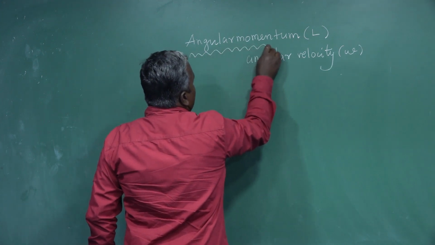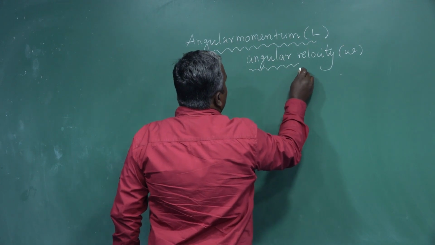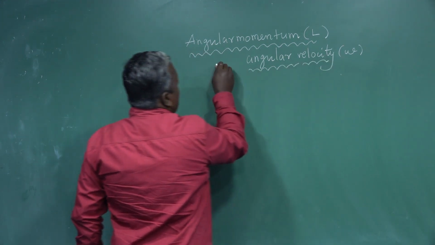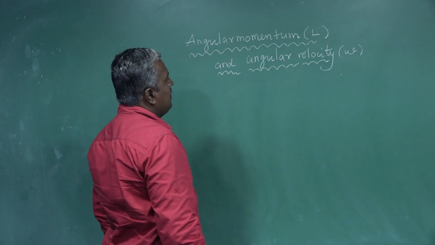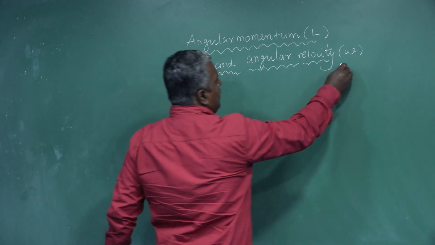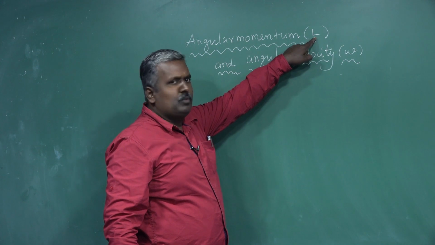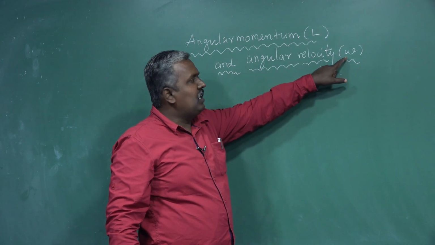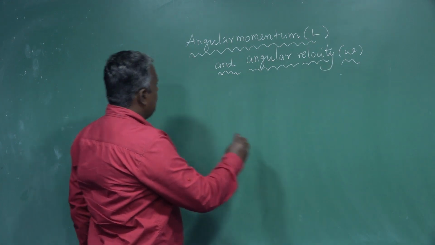Angular momentum and angular velocity, or the relation between angular momentum and angular velocity, both are the same meaning, no problem. Listen properly. Keep in mind, L means angular momentum, omega means angular velocity. Okay, that's all. Listen here.